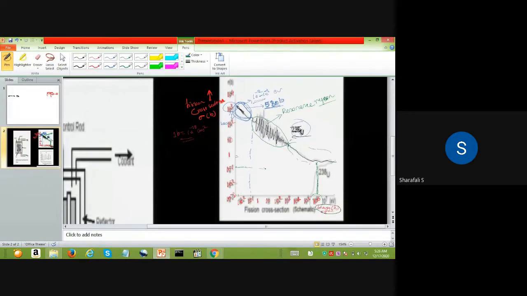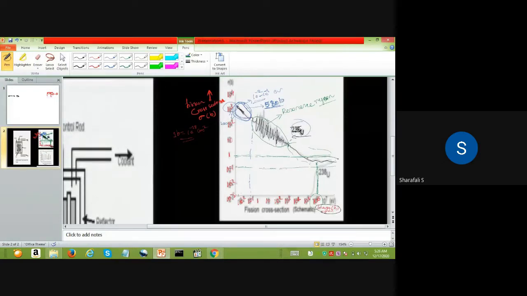So the fission cross section is very small when you consider mega electron volt neutrons for uranium-235. I hope you understood this.